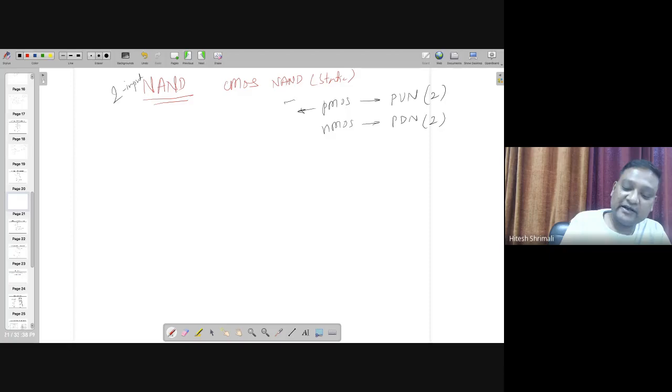PMOS is implementing F and NMOS is implementing F bar. F is A dot B with a bar on top, which means A bar or B bar. And F bar is A and B, right? So this is the one we are going to implement with PMOS. Let's start drawing that.